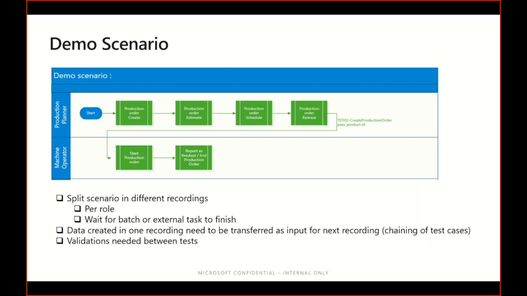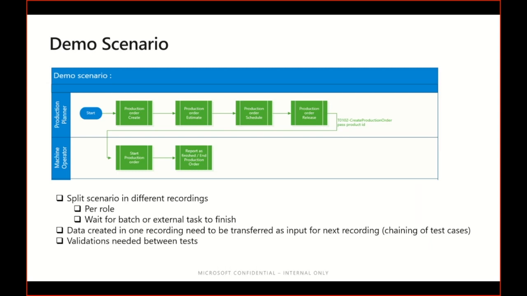I've stripped it all out, so for this demo, I'm just going to start the production order, and I'm going to report as finished immediately after. But basically what I wanted to highlight here is that this simple scenario is already spanning two different roles. So I have the production planner and I have the machine operator.